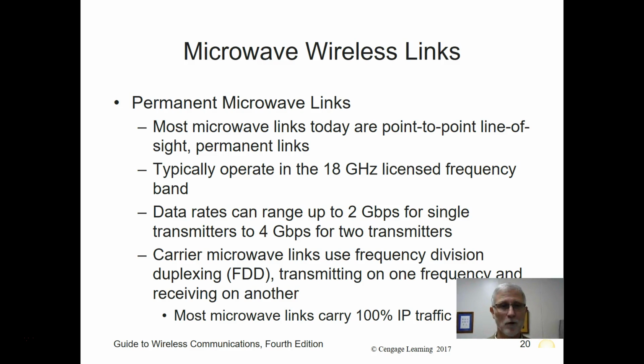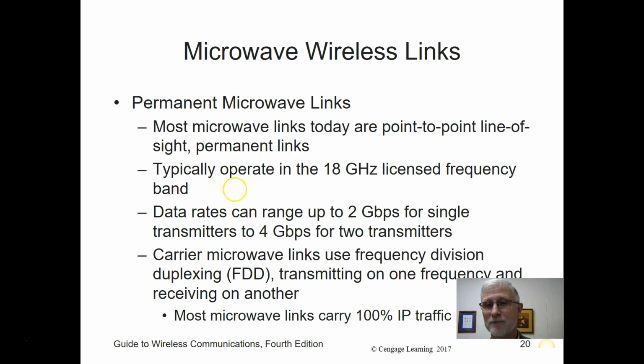Line of sight again, permanent. Now, they're operating in 18 gigahertz frequencies. They can get data rates a little bit faster, up to 4 gigabits, compared to what we saw in the free space optics.